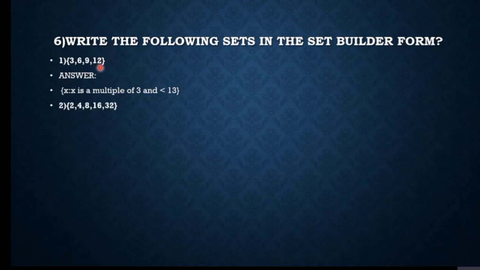Second question is 2, 4, 8, 16, 32. So here all the given elements are powers of 2. So x such that x is a power of 2 and x less than 6.